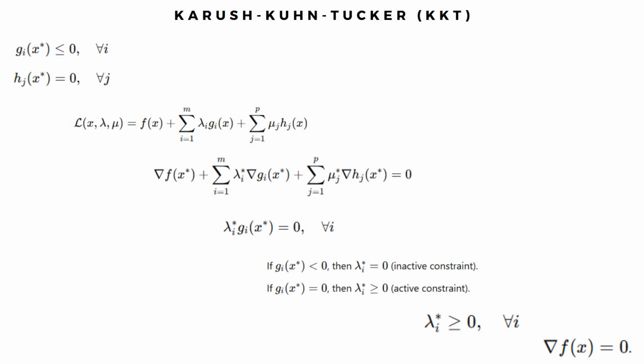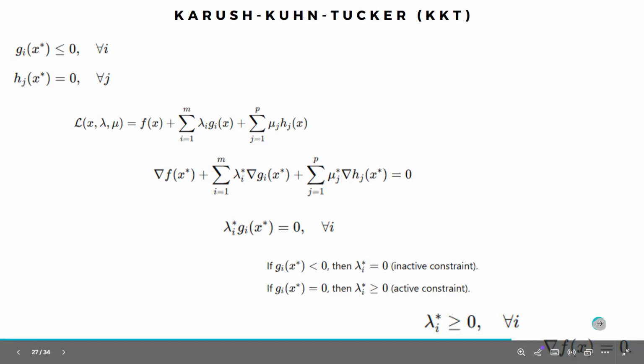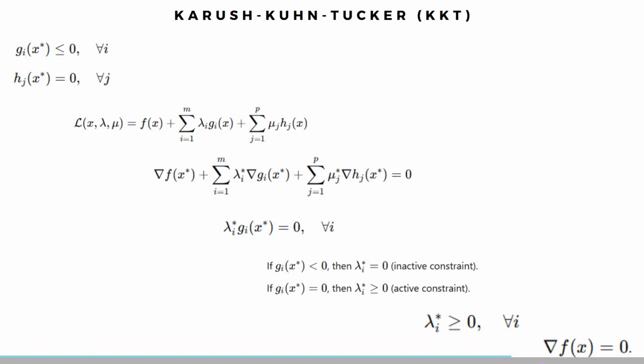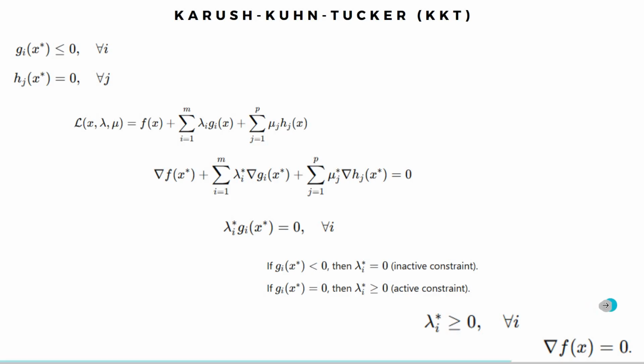And we will look at a few special cases now. At the bottom, we have a little formula. If there are no constraints, meaning it's an unconstrained optimization problem, then the KKT conditions simplify to the gradient of f of x equals 0.